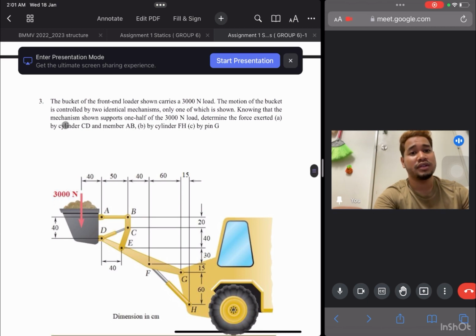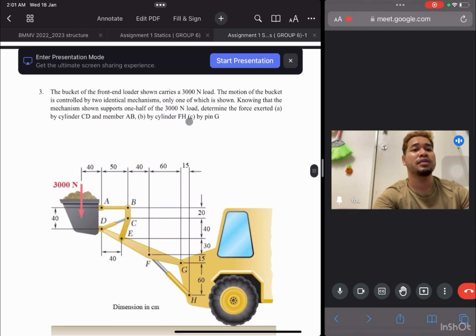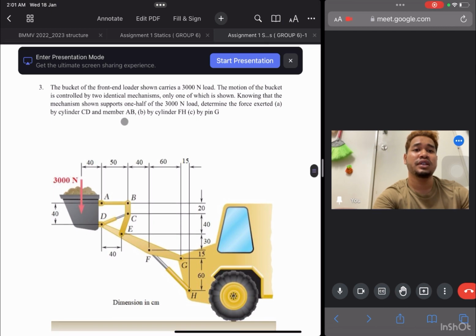Knowing that the mechanism shown supports 1/2 of the 3,000 Newton load, determine the force by cylinder CD and member AB, by cylinder FH, and by pin G.